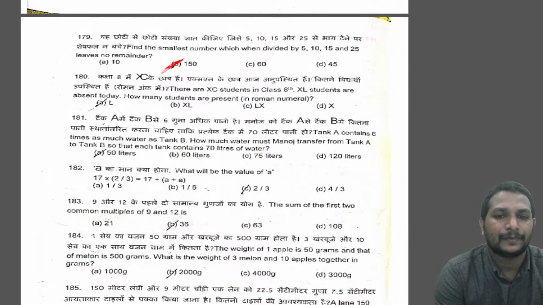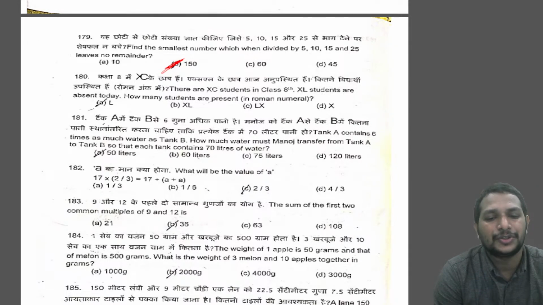XC, first thing. XC means C is nothing but 100 and X is kept before C. The number of students will be 90, right? Let's see that. Number of students present.